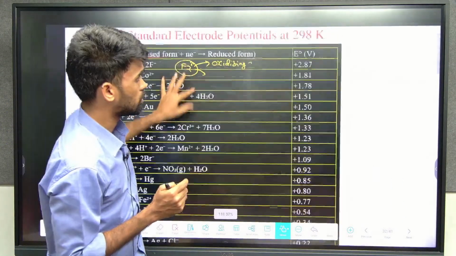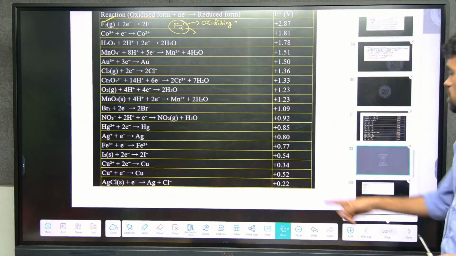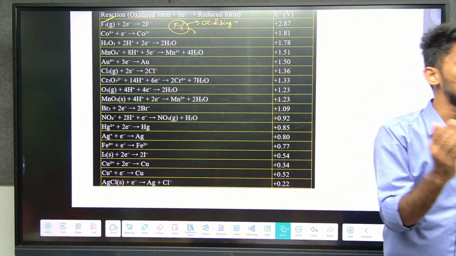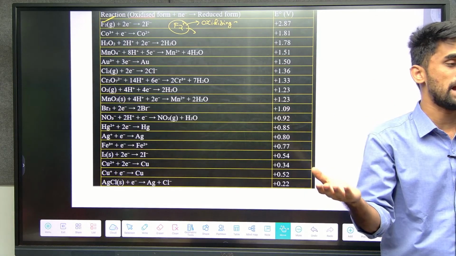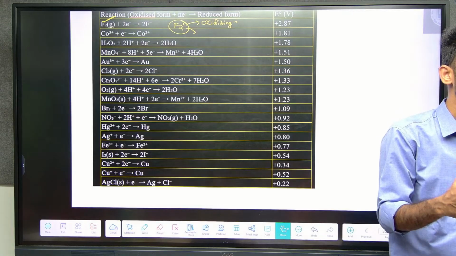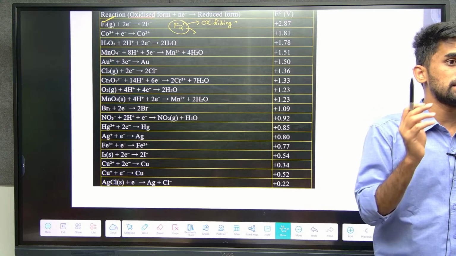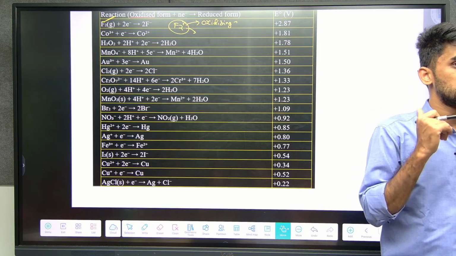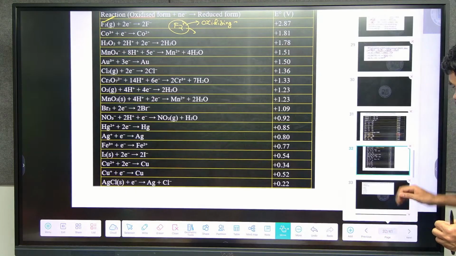Remember this. So now metals are strong reducing agents, I can say. Alkali metals act as strong reducing agents, and halogens act as strong oxidizing agents. So the highest oxidizing agent is fluorine, and the highest reducing agent is lithium. Okay.